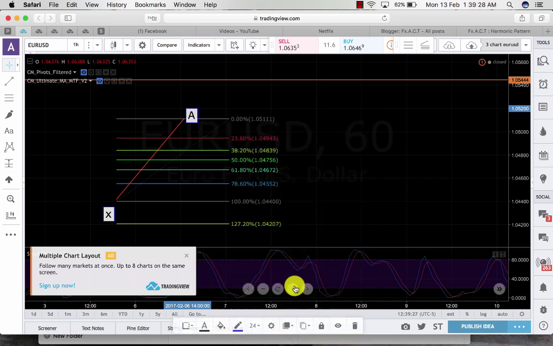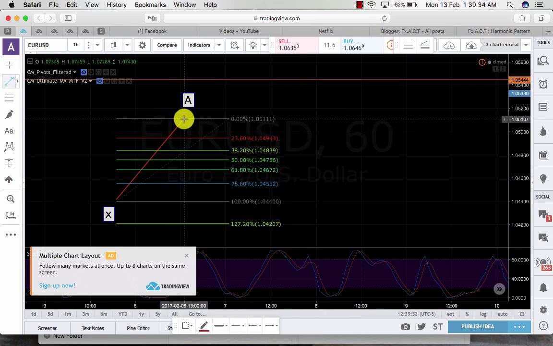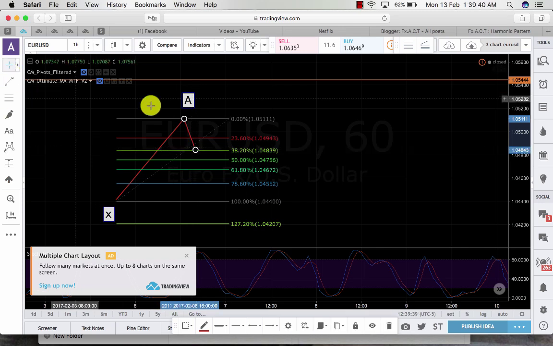The retracement of a bat pattern will be anything from 38 to 50.